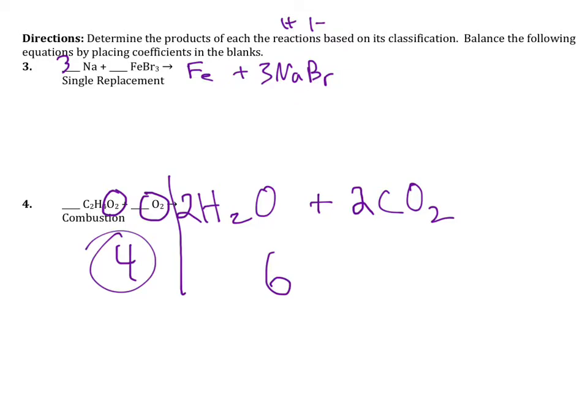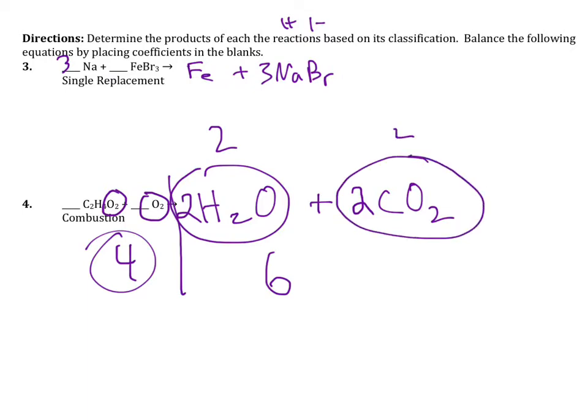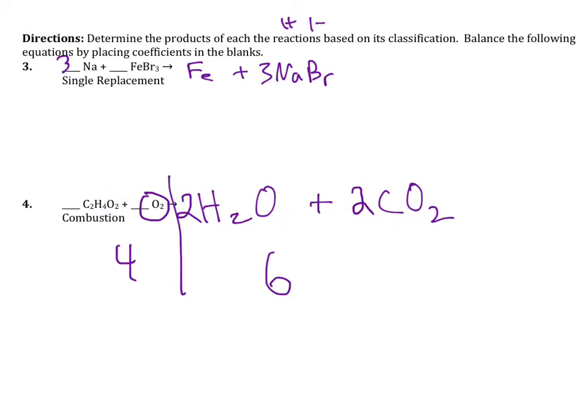And then on the right, there's 2 oxygens here and there's 4 oxygens here, which is how we get the 6. And so what you really need to recognize is that oxygen occurs in 2 different places. And so we know that we have 4 over here. We know we have 6 over here. So how do we balance that? We balance that by putting a 2 right here.